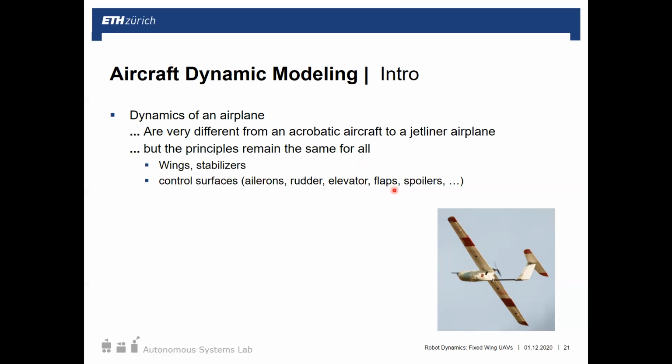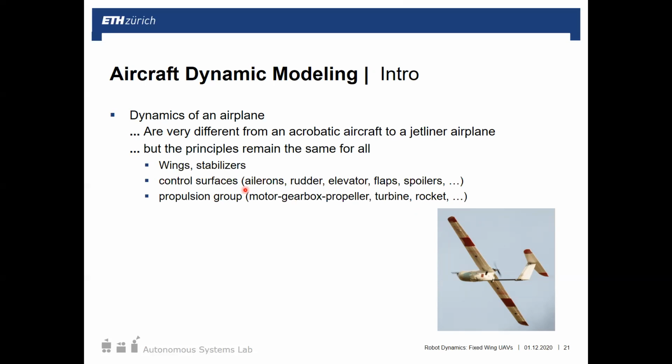Flaps are normally used symmetrically, to increase lift on takeoff and landing, for example, just to make it a bit slower flight, a bit safer. Spoilers are normally used for just generating a bunch of drag, also to slow the plane down. But again, these three are the most important ones that we'll actually use in our modeling.